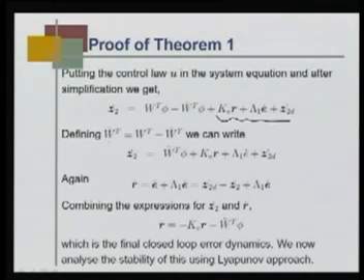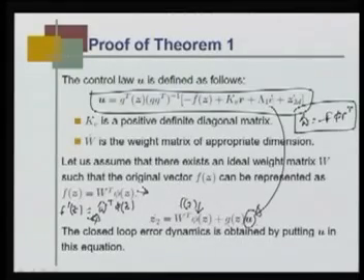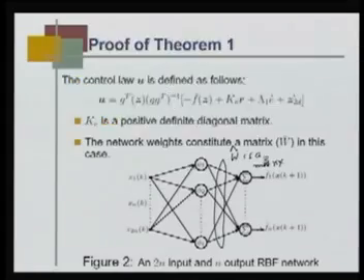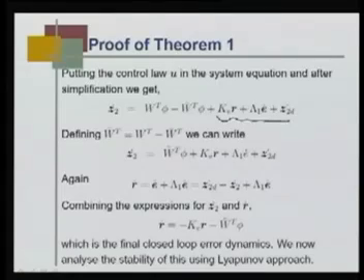So, we have proposed a control law for weight update. Defining the error in the weight vector, earlier I told you that in this case W is a matrix. So, this is very important, and here W is actually a matrix.